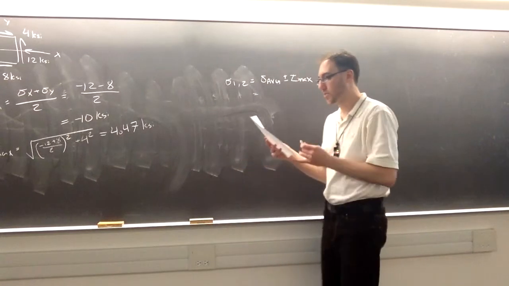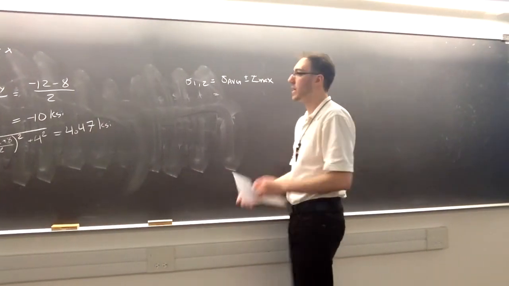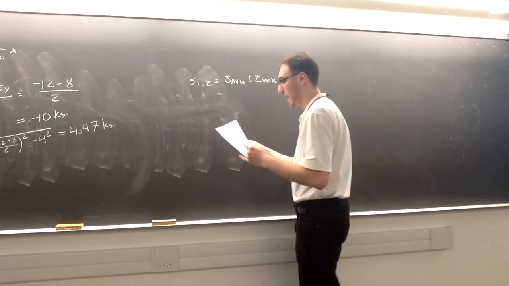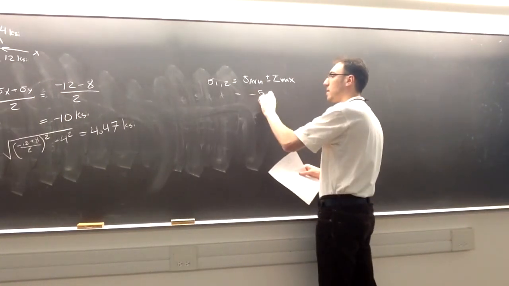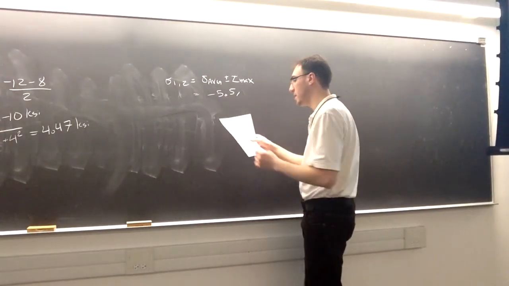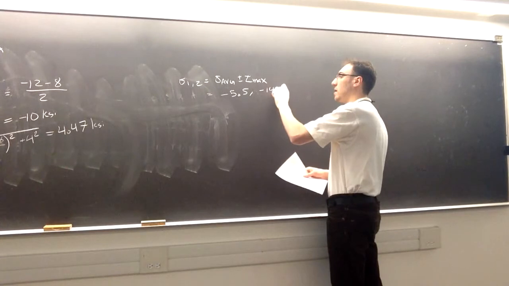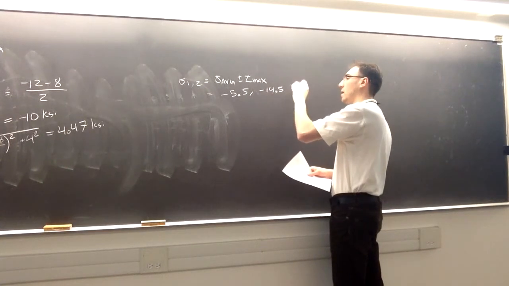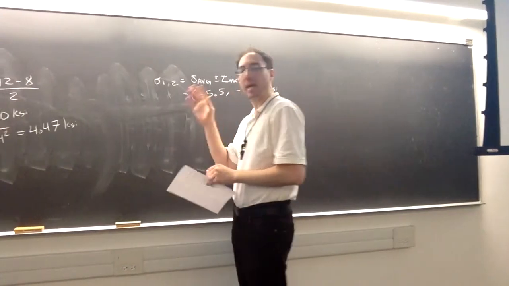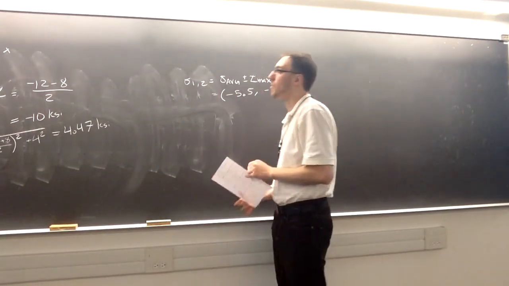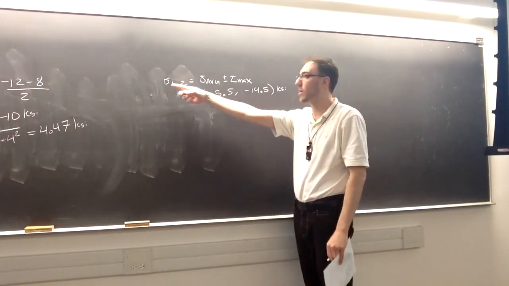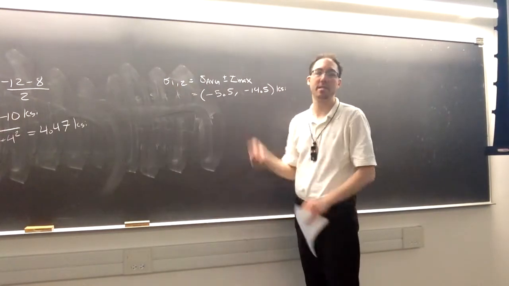My principal stress 1 is sigma average plus tau max, which is negative 5.5. Sigma 2 is sigma average minus tau max, negative 14.5. By the convention of how we report this, sigma 1 is always more positive than sigma 2.